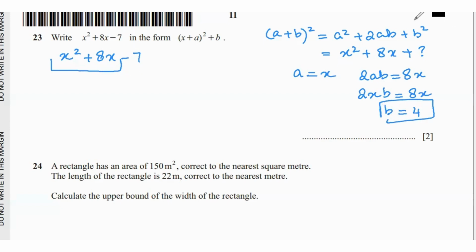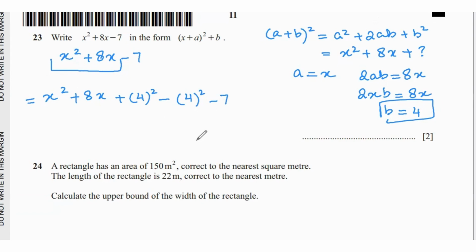To complete the square, we need to add b squared over here. So x squared plus 8x plus 4 squared, because b was 4. And then we do minus 4 squared as well, and the negative 7 comes as it is. The reason we're doing minus 4 squared as well is because plus 4 squared is a new term that we've introduced in the equation.